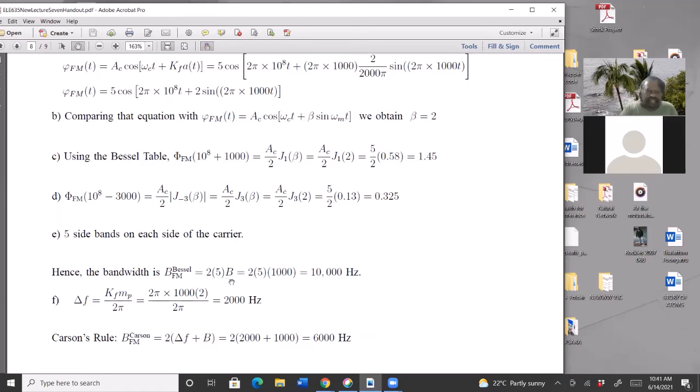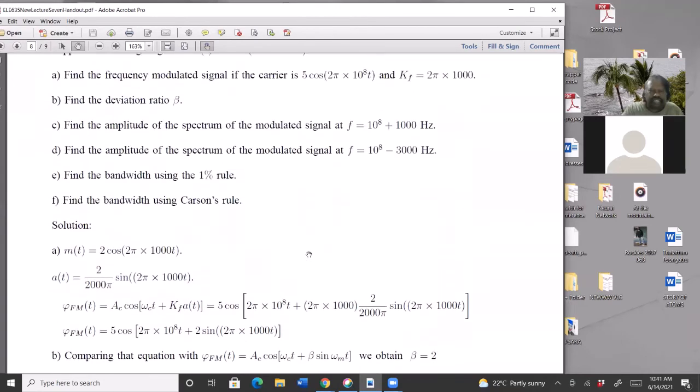I should have written Fm here to be more clear, but I have put beta. So 2 times 5Fm. And what is Fm?